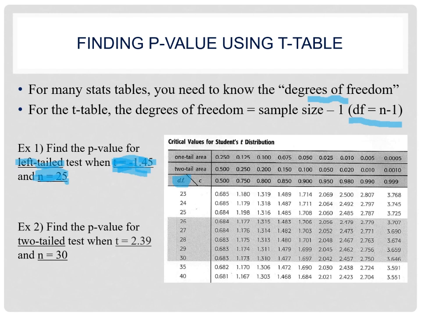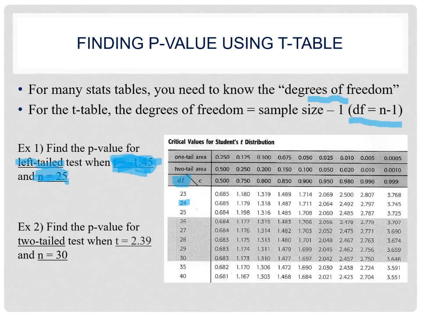So here's how a p-value works. Figure out your degree of freedom. In this case, it is 24. N minus 1, 25 minus 1, 24. Okay? Now here's the difference, and this is why this one is different. Some people find it actually easier than the other table, but I guess to each their own.